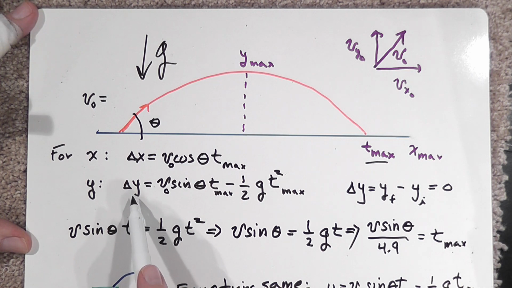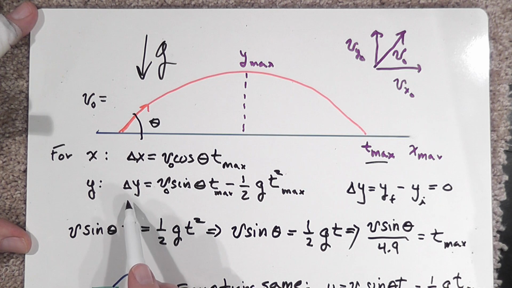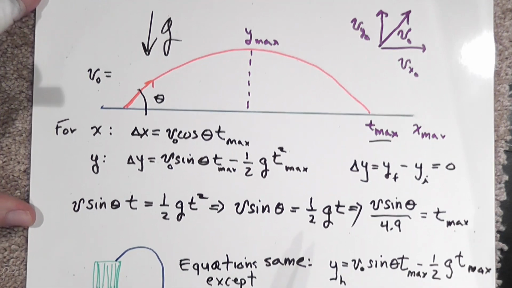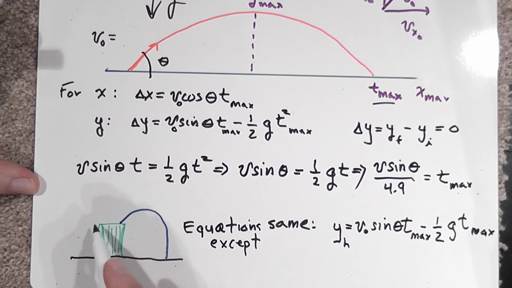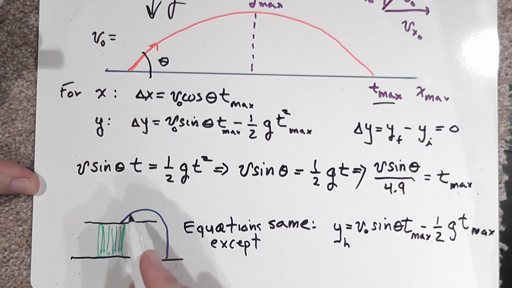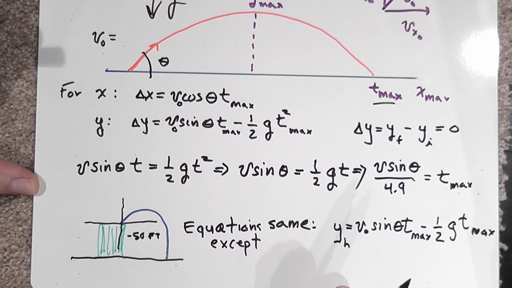It is going to be the height of the building, and it has to be negative because your coordinate system origin is at the top. So if the building is, say, 50 feet, that's going to be negative 50 feet or meters, whatever you use.